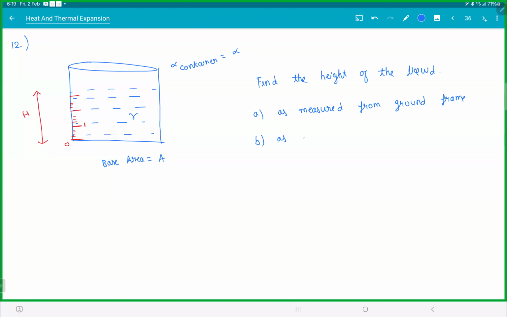But if you ask the container only to measure, now understand, the container's scale is also messed up, isn't it? When you're actually measuring from the ground frame, you'll use a proper scale, and the liquid expanded. But if you measure with respect to the container, the scale is also messed up, as measured by the scale of the container.